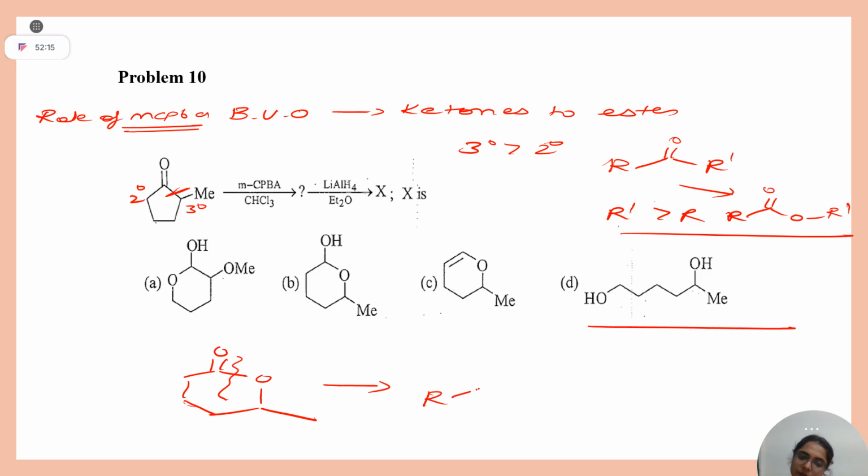Let's say you are having this ketone and on the arrow you are having MCPBA, metachloroperbenzoic acid. Let me write its normal generalized structure, RCOOOH. I have explained in the last tutorial session also that among these two oxygens, this distal oxygen is more nucleophilic.